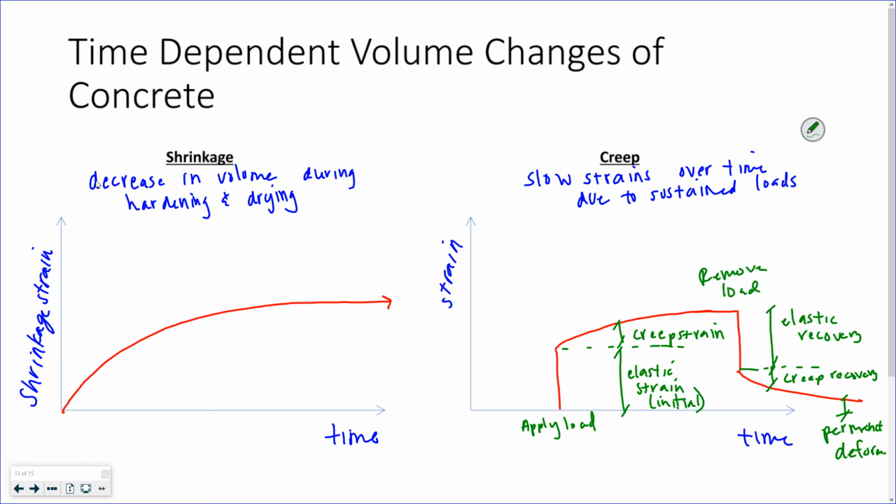Right, you apply a load, immediately it deforms, and then over time it deforms a little bit more. You remove the load, you immediately recover some of that, your elastic recovery. You might recover a little bit more over time, but there might be some permanent deformation. Whereas the shrinkage is there forever.